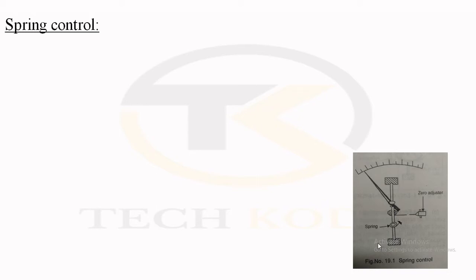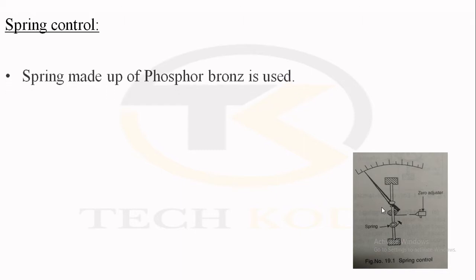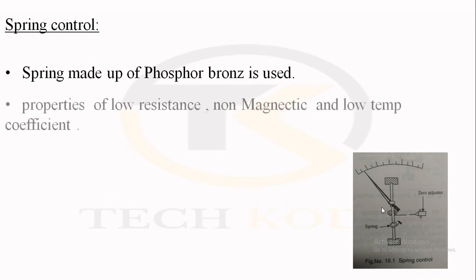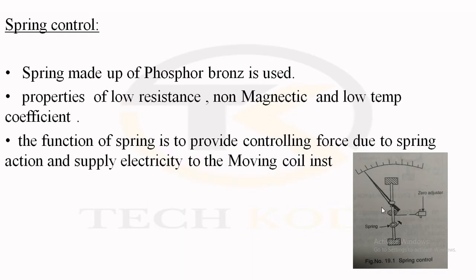Here the spring is made up of phosphor bronze, and the spring has properties of low specific resistance, non-magnetic, and low temperature coefficient. These properties of the spring are important: low resistance, non-magnetic, and low temperature coefficient.